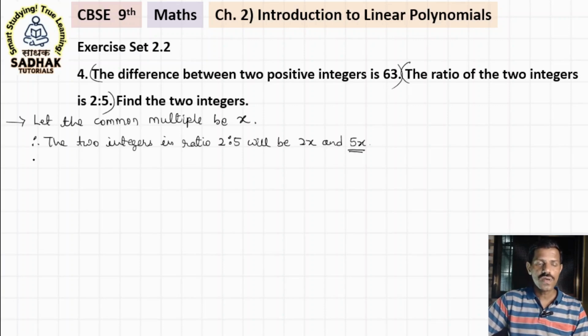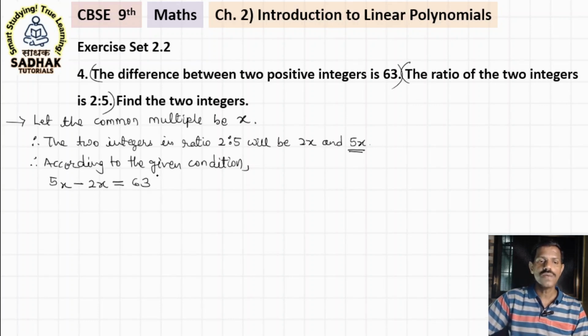Okay, so therefore according to the given condition, 5x minus 2x, we are subtracting the smaller positive integer from the greater positive integer, and the difference between them is 63. Okay, so now we have to solve this simply. 5x minus 2x will be 3x is equal to 63. Therefore x will be 63 divided by 3. Therefore x will be equal to 21.